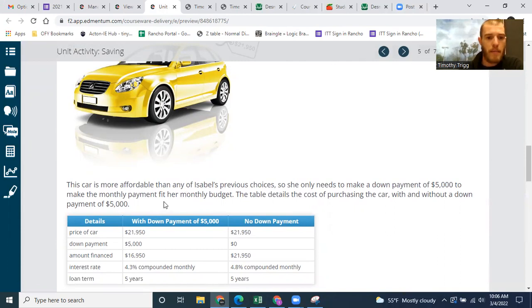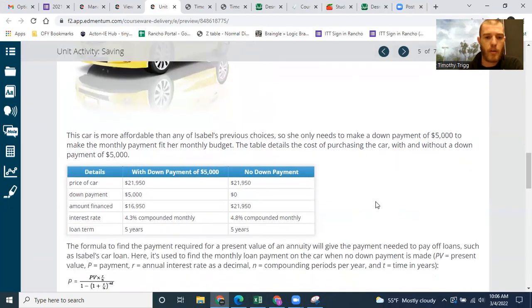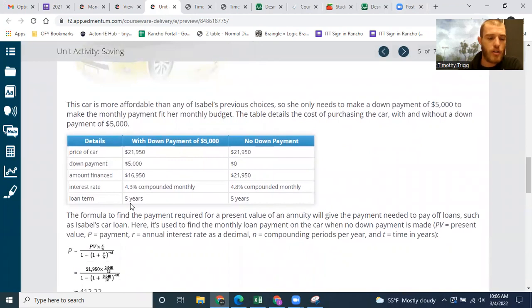All right. To make a monthly payment fit her monthly budget, the table details the costs of purchasing the car with and without the down payment. So we have 2 things here. In this chart, we can see if she makes a down payment of $5,000, the price of the car doesn't change. So if she puts down $5,000, she's going to have to finance the rest.